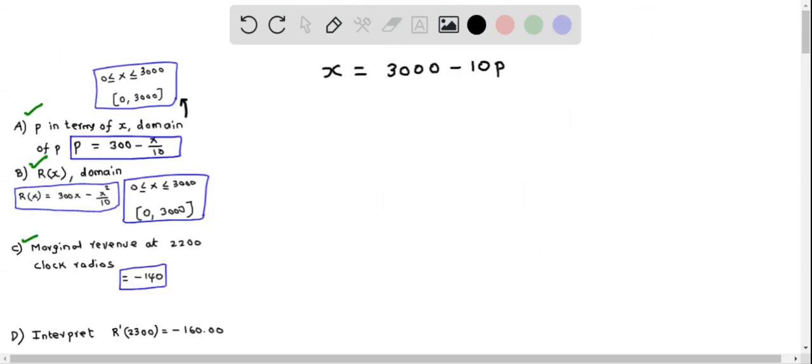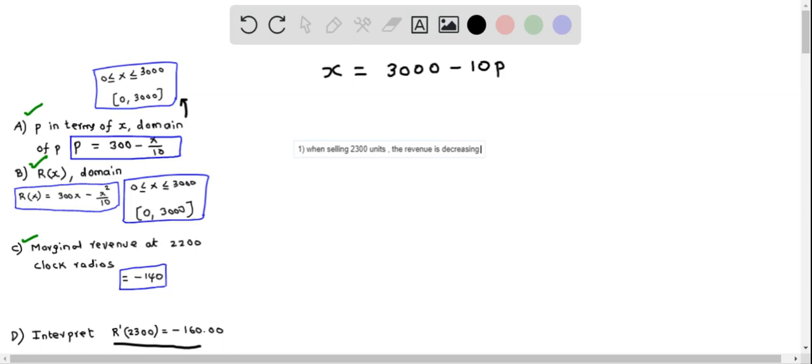In part D, we interpret R prime of 2300, which equals negative 160. There are two ways that this can be interpreted. First, let's interpret the first way. When selling 2300 units, the revenue is increasing or, here, decreasing because we have a negative.